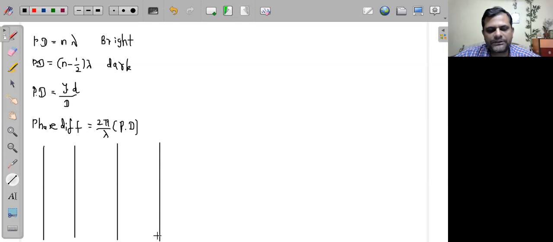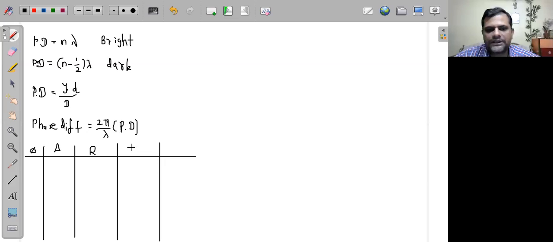This table is exactly the same as what we have already drawn. So depending upon the phase difference between the two waves, suppose phi, accordingly the path difference will be denoted by delta here, and depending upon the path difference and phase difference, we can find out the resultant amplitude of the waves, R we can say, and also we can find out the resultant intensity, I we can say.